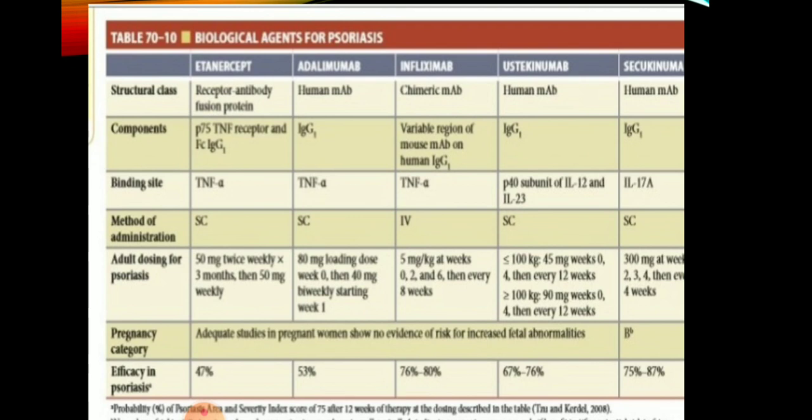The others, adalimumab, as these are all monoclonal antibodies, ustekinumab and secukinumab, probably act on some different targets, and these are all prescribed via the subcutaneous route, except infliximab, which is given via the intravenous route.